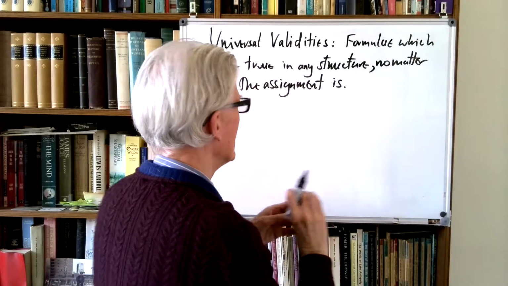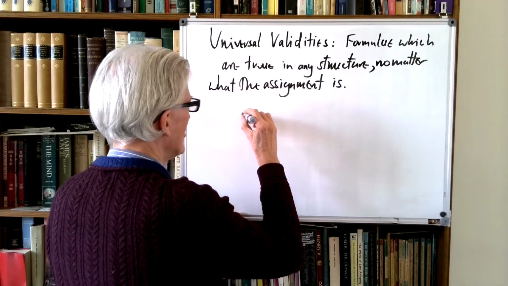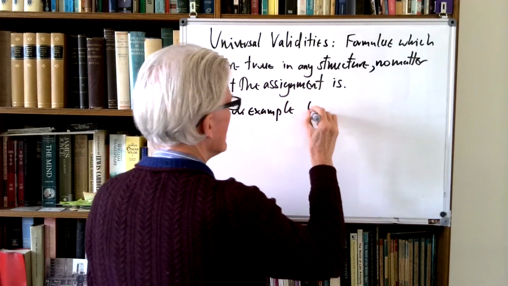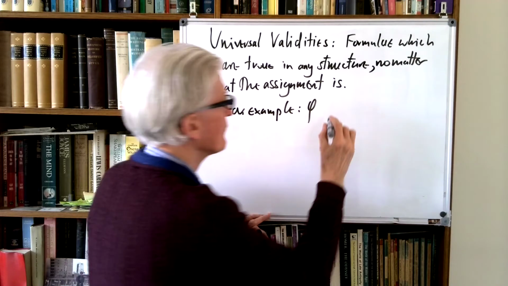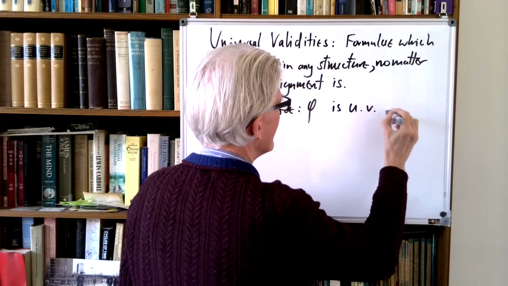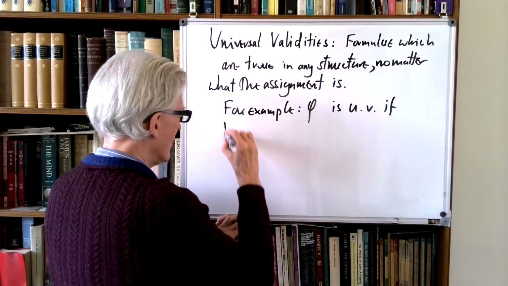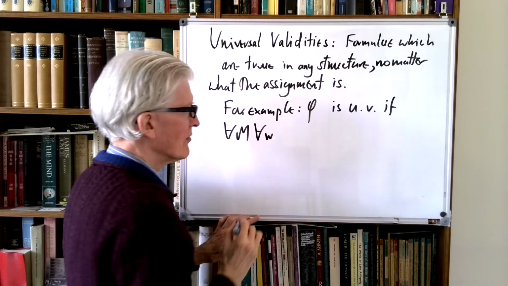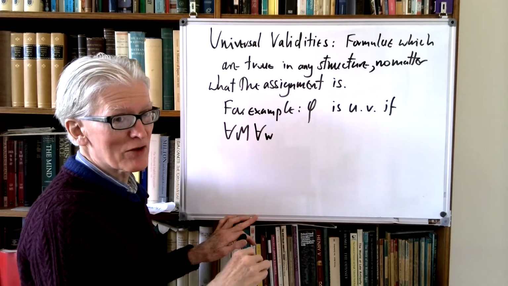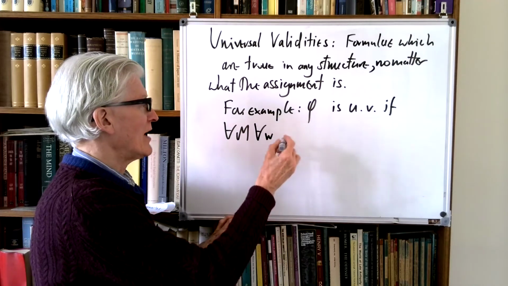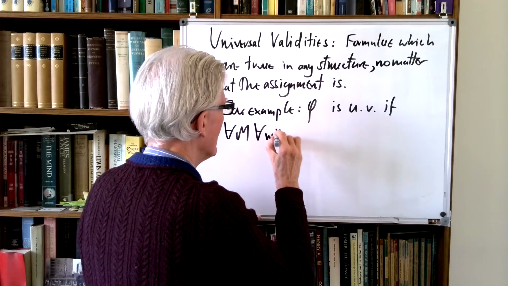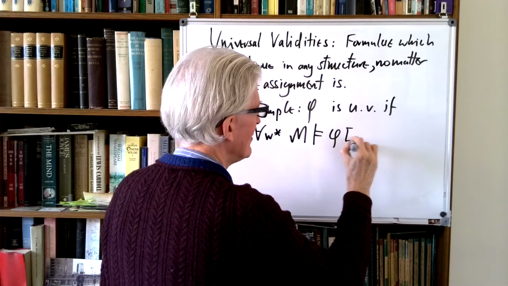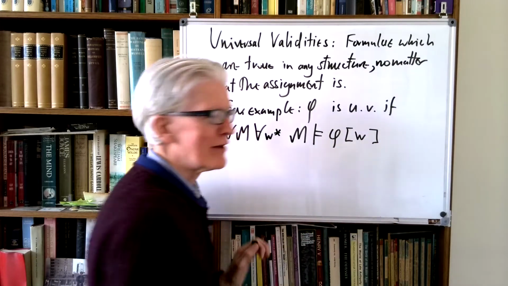So we saw that we could express this. I can take any structure. I'd say a formula phi is universally valid if for any structure I take and for any assignment function of variables of the language to the structure, the formula phi under that assignment comes out true.